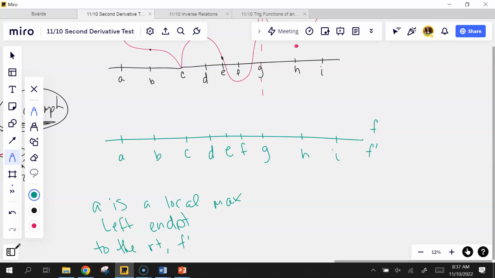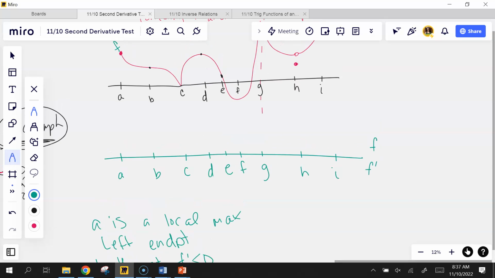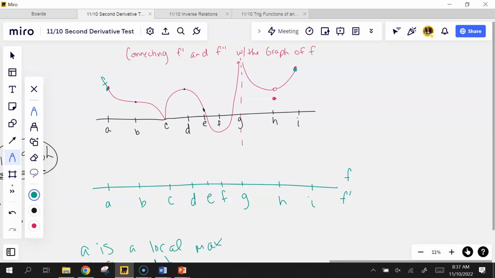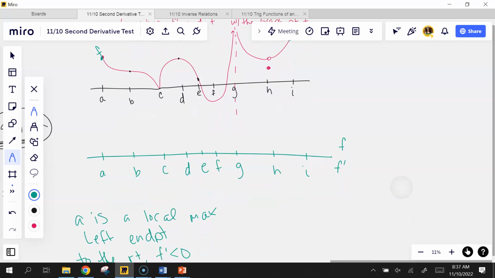The derivative is negative, right? Function's decreasing.